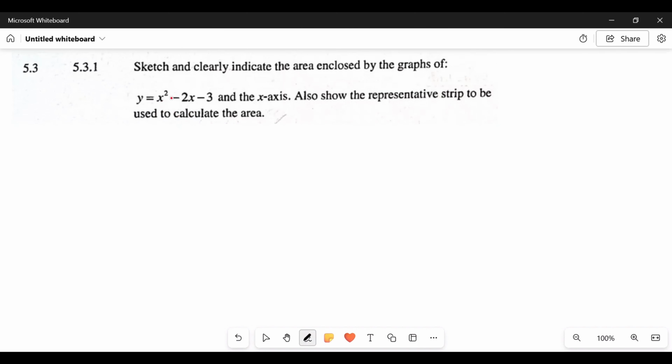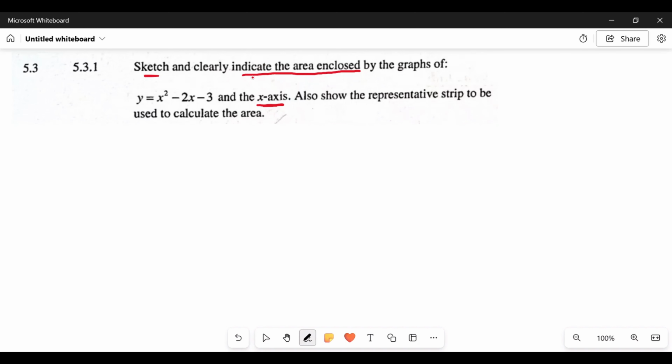So let's analyze it. Guys, they want us to sketch firstly, and we must indicate the area enclosed by the x-axis intercept. They never gave you the limits for this one, meaning the limits are going to be the x-intercepts. Let's first sketch the graph.